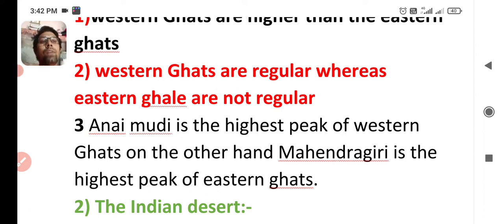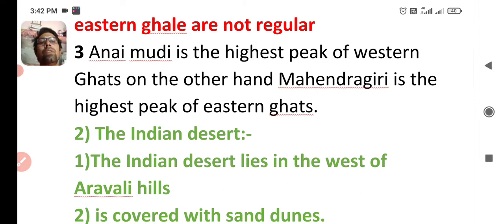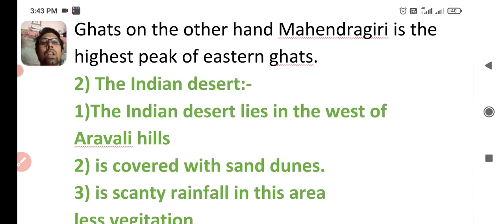The next major physical feature of India is the Indian desert. You know that the Indian desert is located in Rajasthan. So now we are going to read the first major feature: the Indian desert lies in the west of Aravalli Hills.